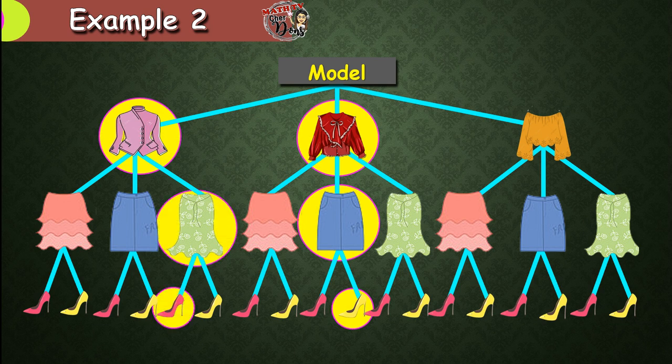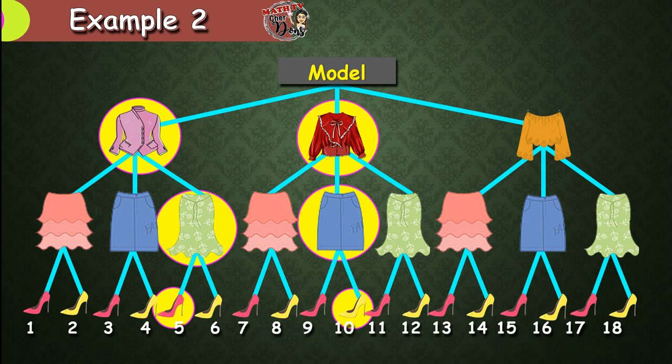We can find the total number of possible outfit combinations by counting the shoes in the bottom branches of our tree diagram. We have 1, 2, 3, up to 18. So we have a total of 18 possible combinations.